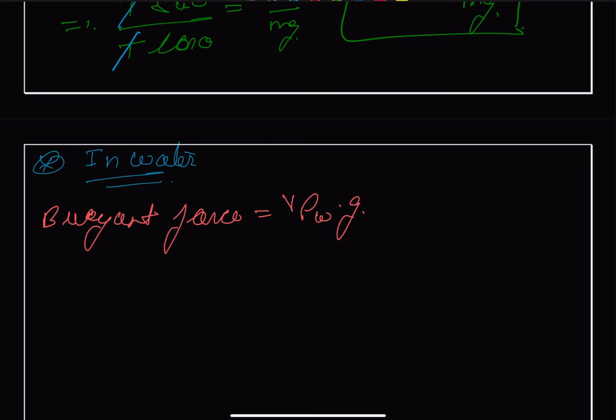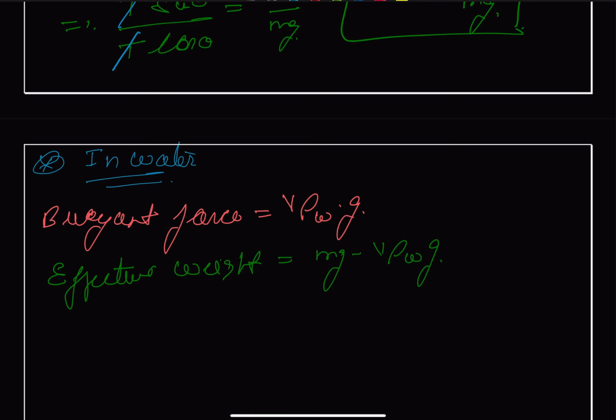Because of this buoyant force, the effective weight will be equal to mg minus the buoyant force. Mass we can also write in terms of density.